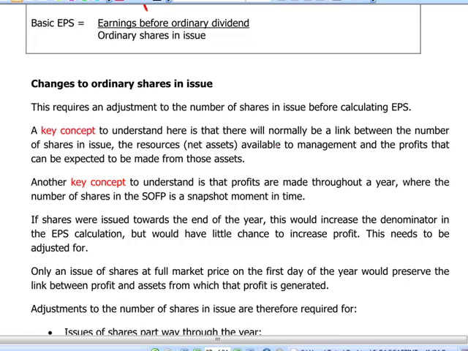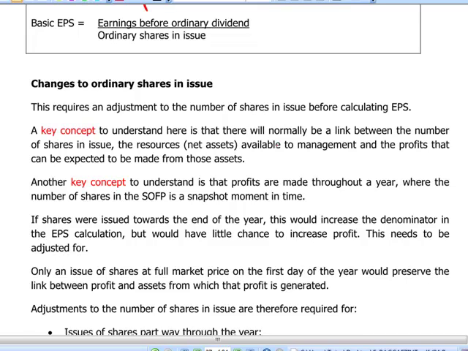So a key concept to remember is that there is a link between the number of shares in issue and the net assets that the management has at their disposal to generate profits during the accounting period. In other words, if I'm issuing, I don't know, 1 million shares at the beginning of the period, I cash it. I use that cash to generate future profit in this accounting period.